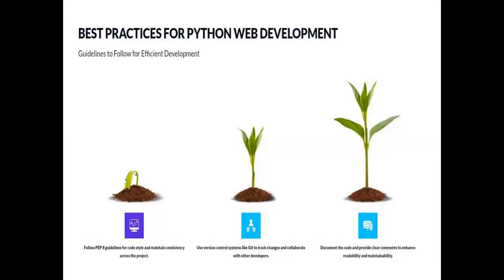Best practices for Python web development. Guidelines to follow for effective development are: follow PEP 8 guidelines for code style and maintain consistency across the project. Use a version control system like Git to track changes and collaborate with other developers. Document the code and provide clear comments to enhance readability and maintainability.